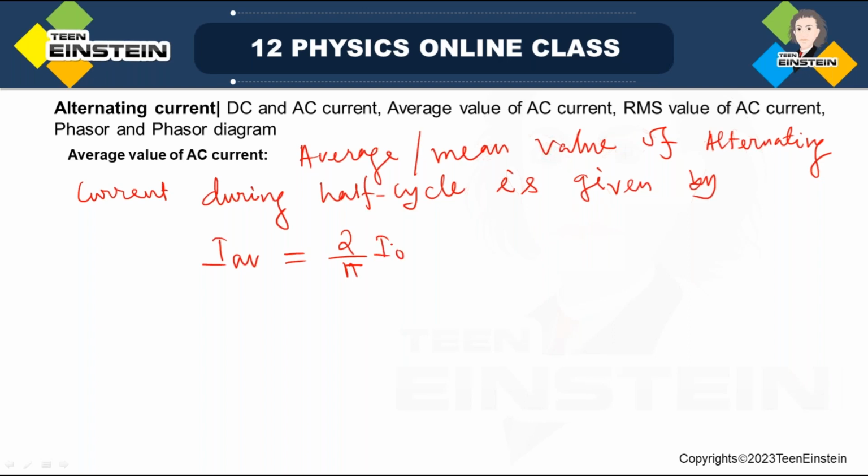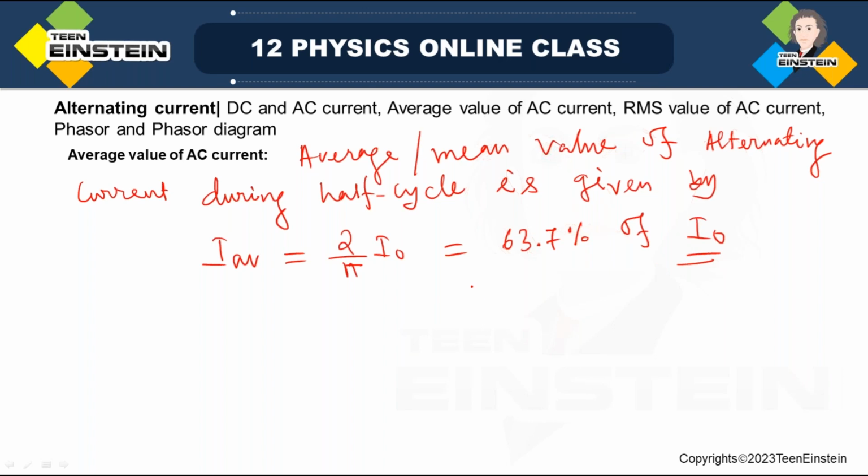That means I average is around 63.7% of I0. This average value of alternating current in half cycle is just about 63 percent of I0.